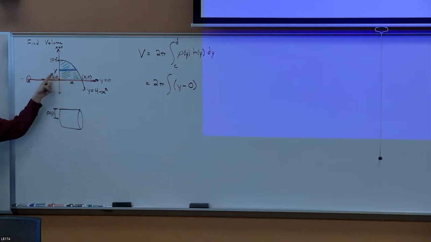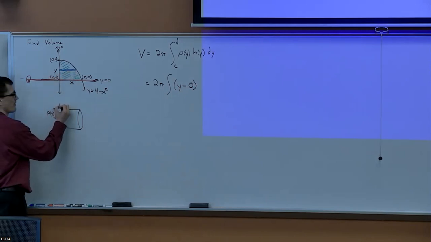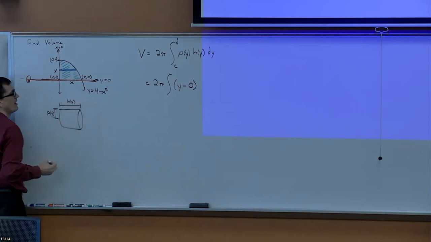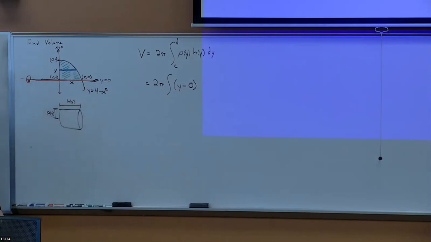Height of the rectangle. Well, the height of the cylinder is the length of the rectangle, or height of the rectangle, doesn't matter. Height of the cylinder, height of the rectangle, interchangeable.